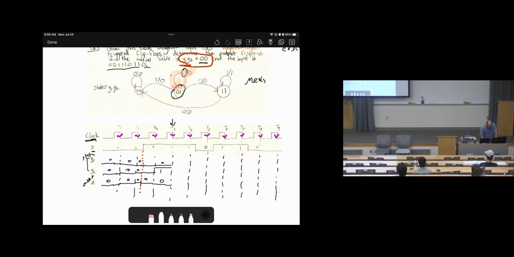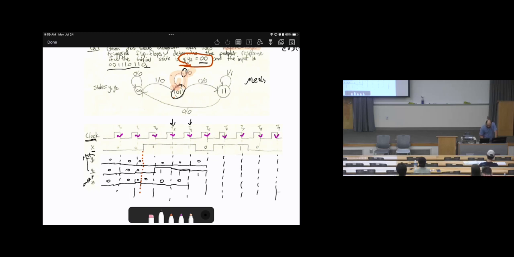So it will remain at 0, 1. The output is 0. Is there any mid-cycle change? No. Then it will remain 0. Then at T4, it's the same way. Remain 1. I will remain at the same states. No change. Okay, clear?